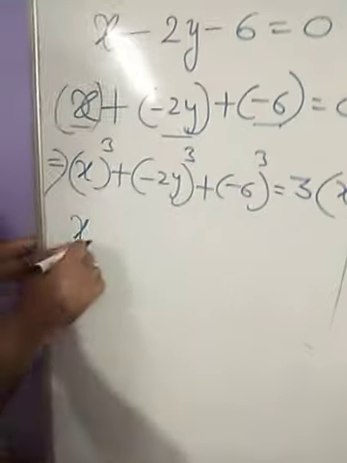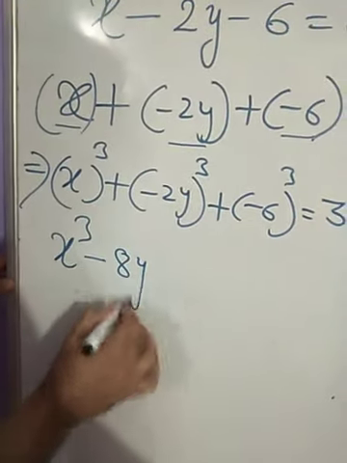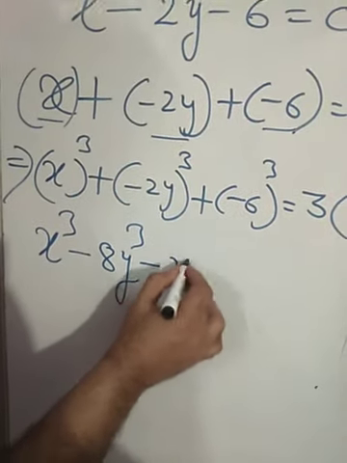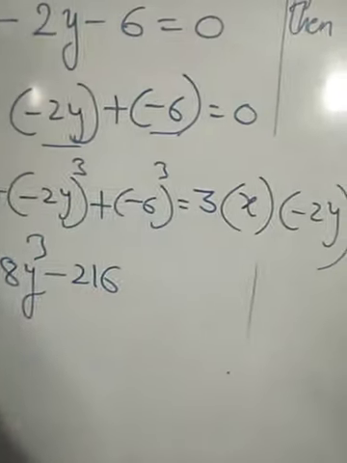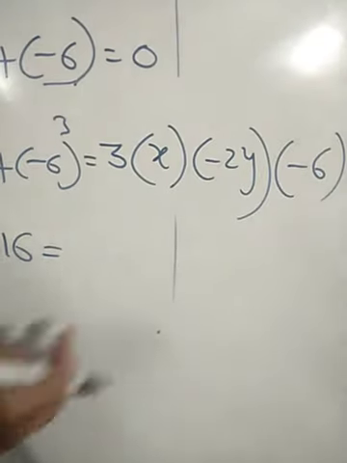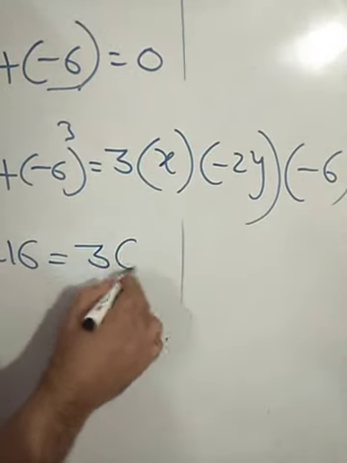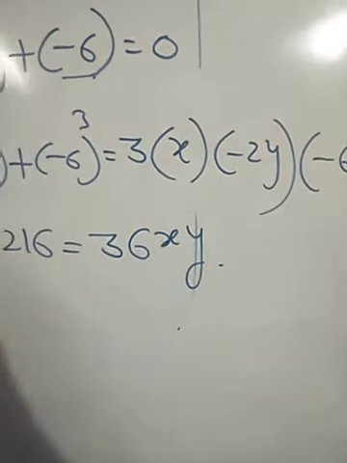Now this is x cube, minus 2 cube is minus 8y cube, minus 216, since 6 cube is 216, equals minus into minus plus, 3 twos are 6, 6 sixes are 36xy.